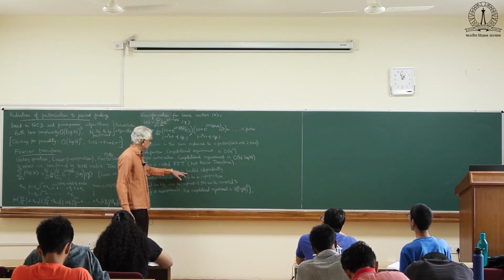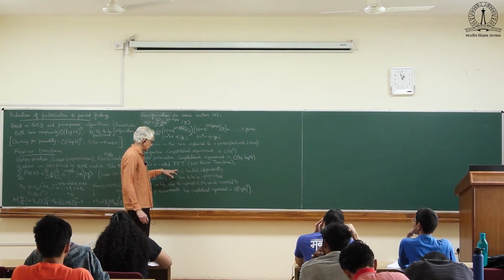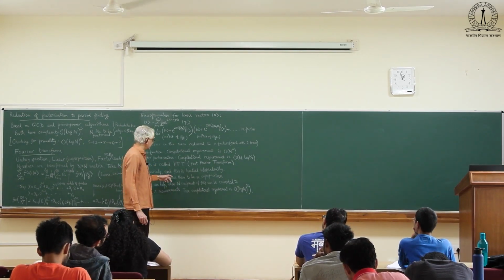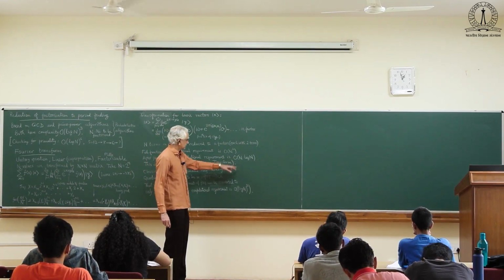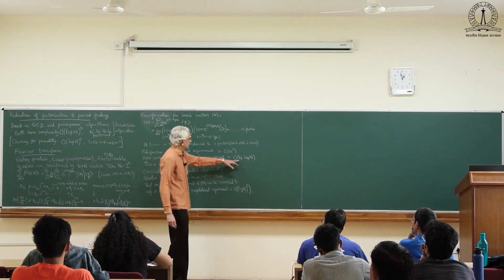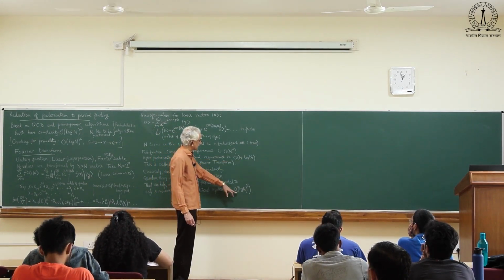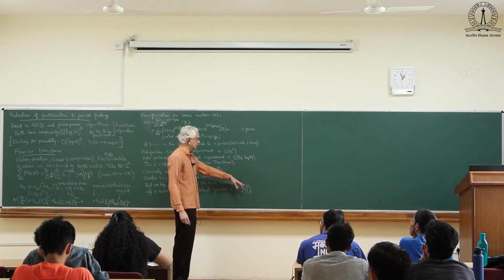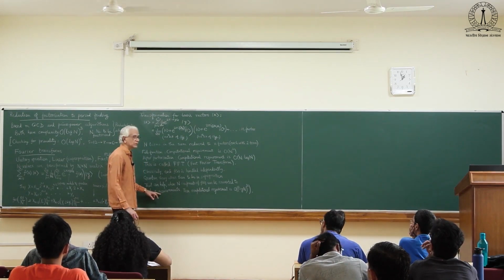You are not going to evaluate all the components. You are going to evaluate only one superposed state, and you have to perform ultimately a small n number of measurements. So that 1 of the n will again get converted to log n, and then the total requirement becomes log n squared.